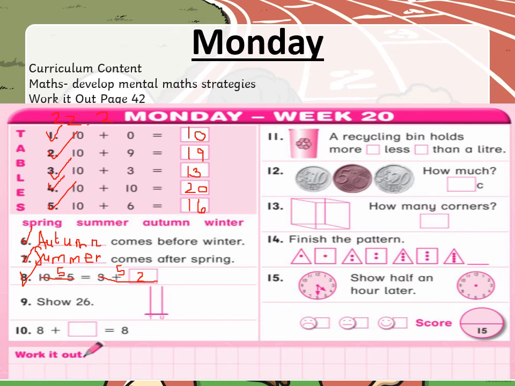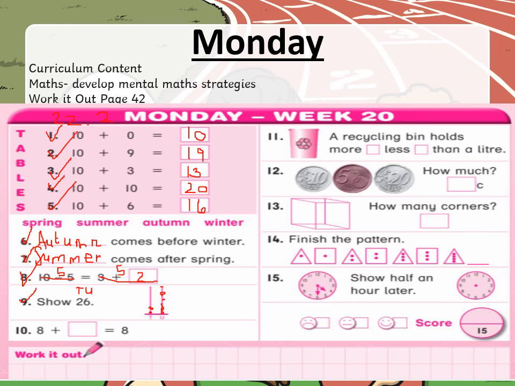Number 9, show 26. Well, I write my T and U on top of my 2-digit number. I'll draw my 6 dots on my U side because 6 was under my U. And I'll draw 2 dots here for my 2 tens.